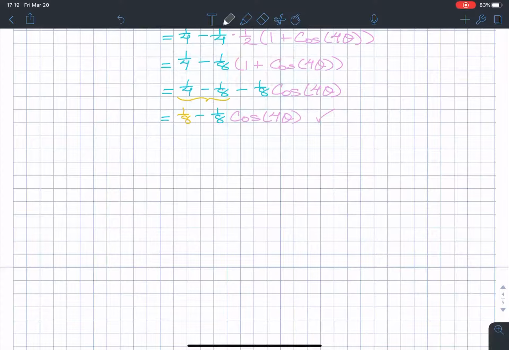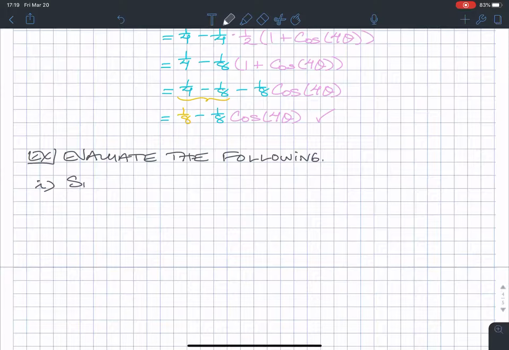So for example, let's evaluate the following. Number 1, what about sine of 7 pi over 8? So this is going to be a half angle formula.